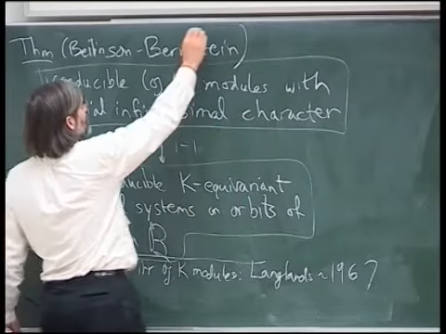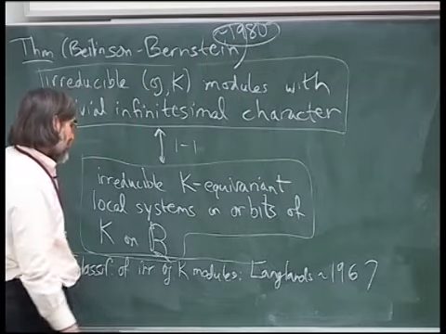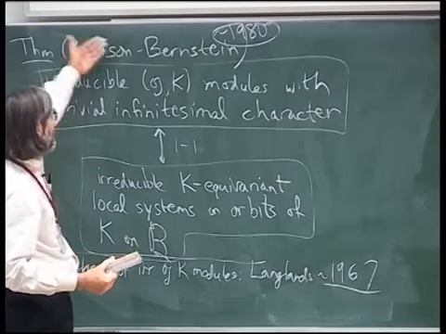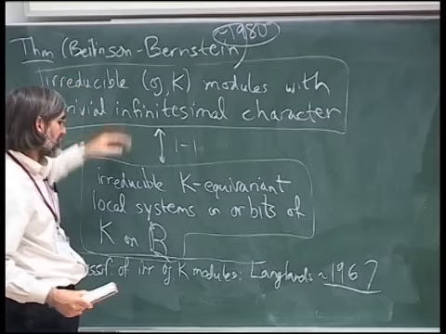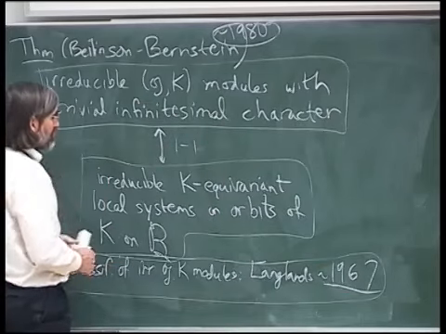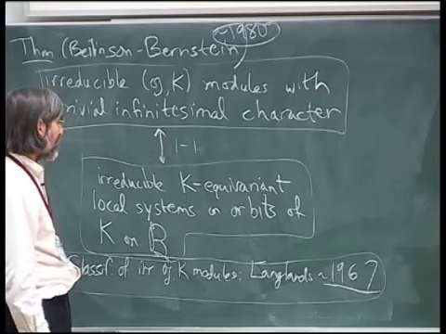So this is around 1980, I forget. So it isn't that Beilinson and Bernstein were the first to figure out a list of what these things are. It's that they phrased the answer in a way that it hadn't been phrased before.